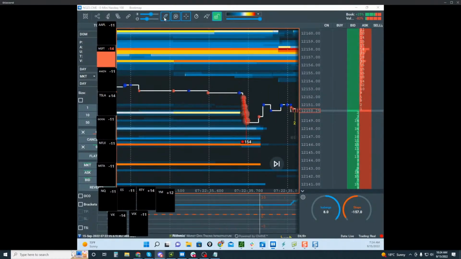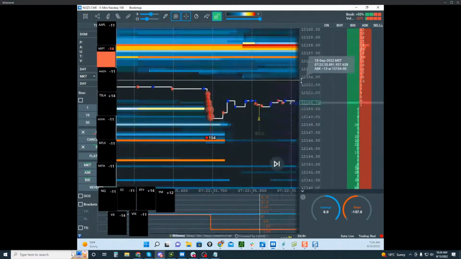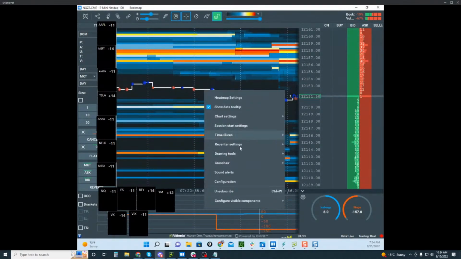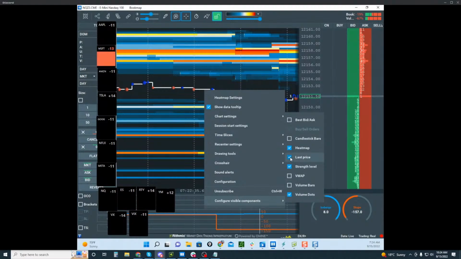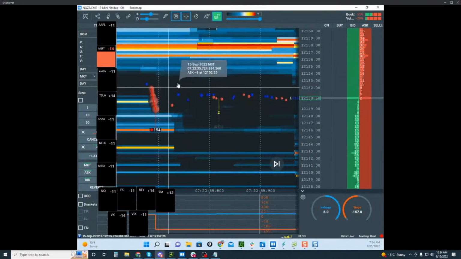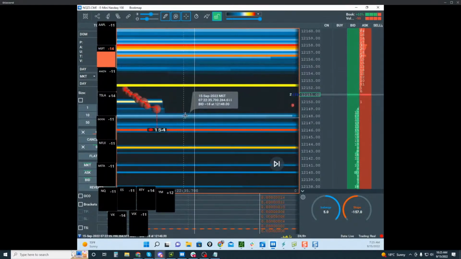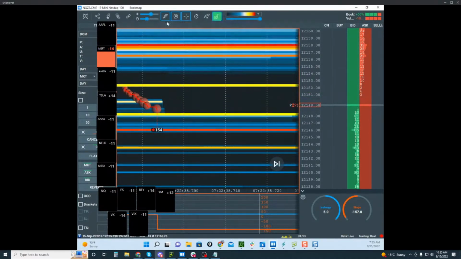But someone in my room pointed out, and I'm very grateful for it, that I've been drawing, so let's just take this off, right? I've been drawing my zones just on the bubbles, right? So if a bubble extends up here and down here, we'll draw this on the bubbles and then see if that's accurate or not.